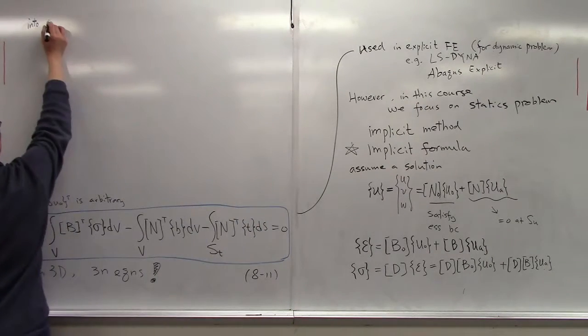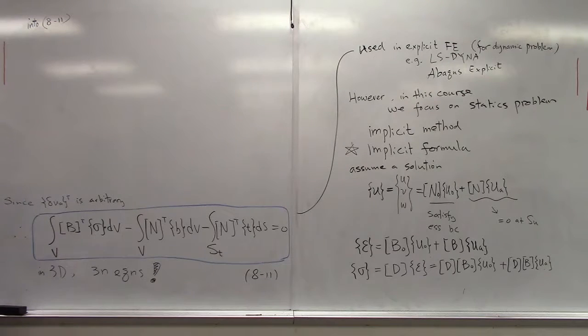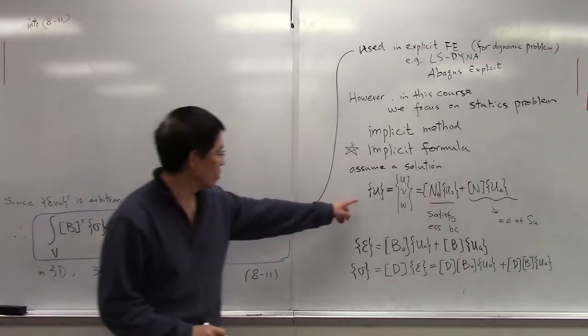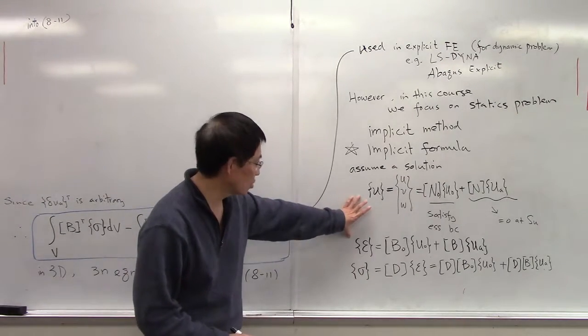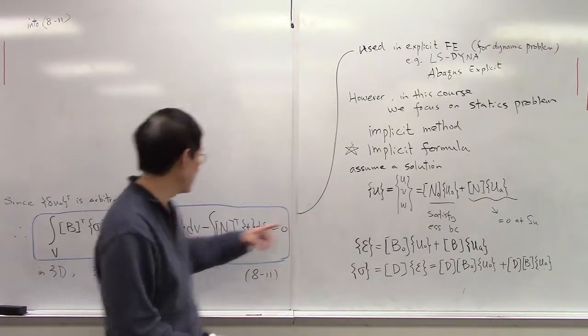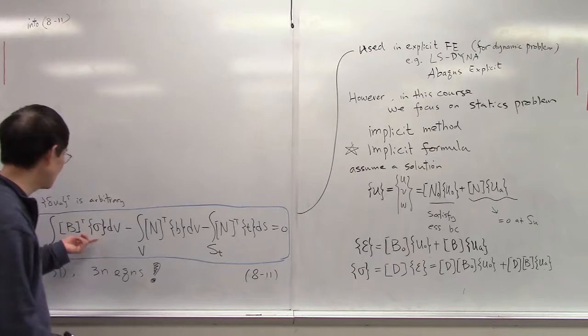So I can say into A-11. In fact, we don't actually need this expression and that. We only need that, because these two do not appear explicitly here. So only that guy appears explicitly here.